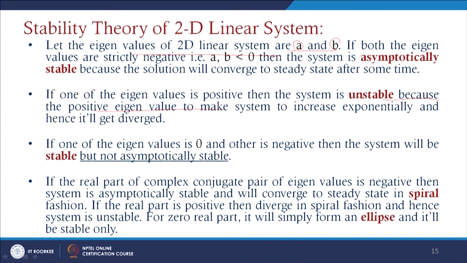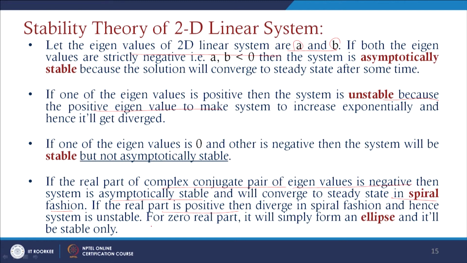In the complex case, if the real part of the complex conjugate pair of eigenvalues is negative, then the system is asymptotically stable. It will form spirals and converge to the steady state in a spiral fashion. If the real part is positive, it will diverge in a spiral fashion, and hence the system is unstable.